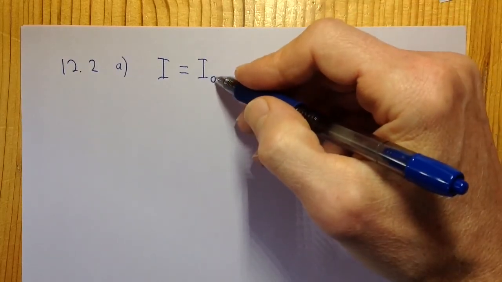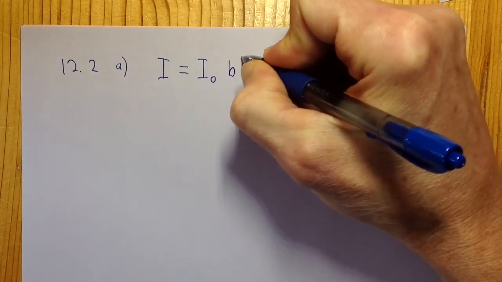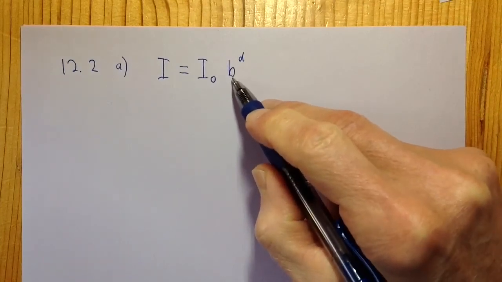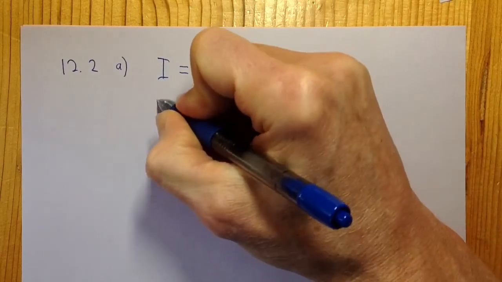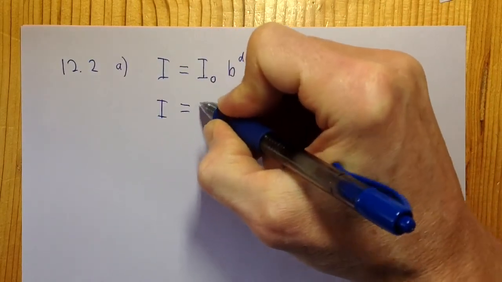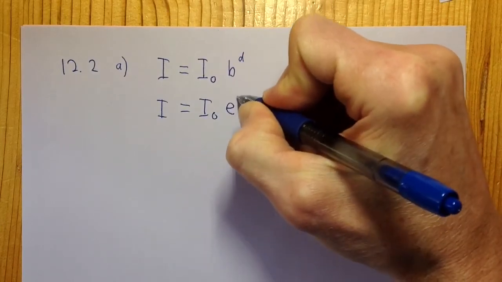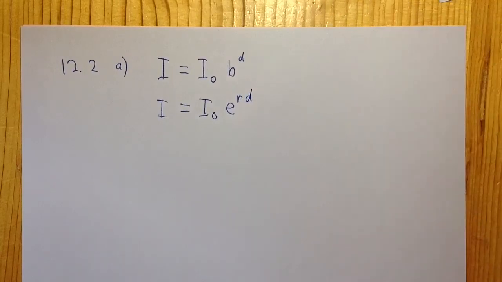And then there's two forms. You can write it as some base to the depth, some b, which we don't know what it is, that's the whole point, to the d, which is the number of meters deep, or you can write it the other standard way. You can do exponents, which is I0 e to the rate of decrease times d.